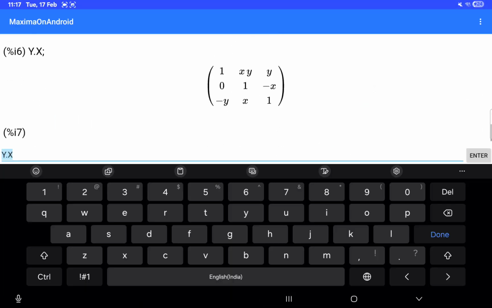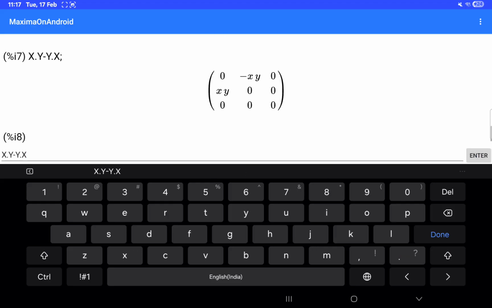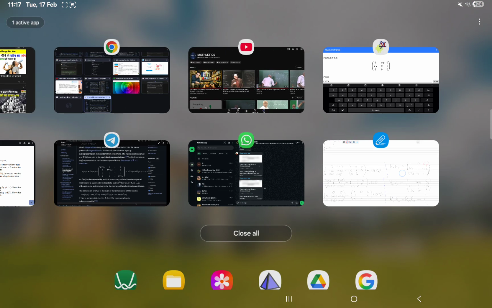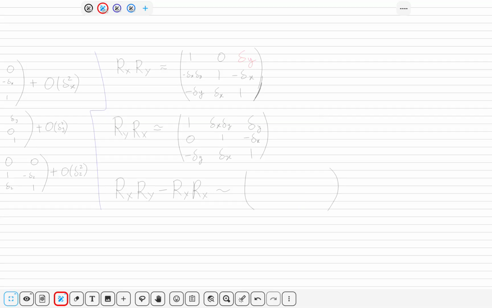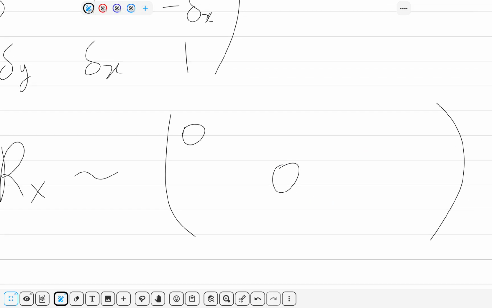Yeah, now let's take the difference. xy minus yx, and I will get something like this. I just took the difference. So when I take the difference, this is something like this, 0 everywhere except at two locations.